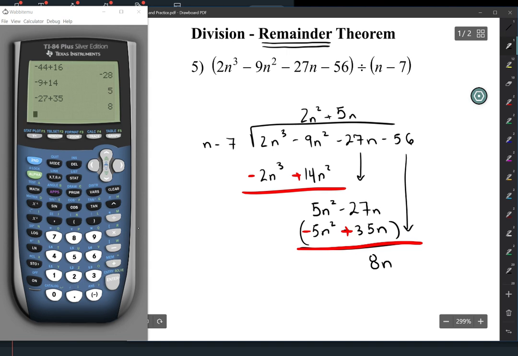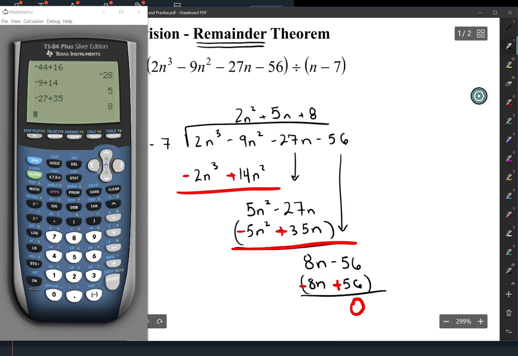Bring on down the negative 56. To get to 8, I need an 8 here. So that's 8n. And look at that, negative 56. Oh man, look how nice that is. Change the signs, we get a remainder of 0.